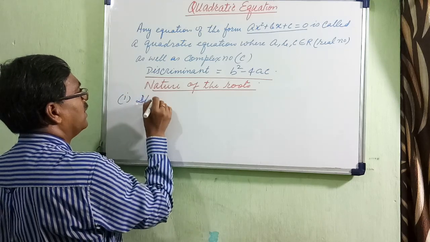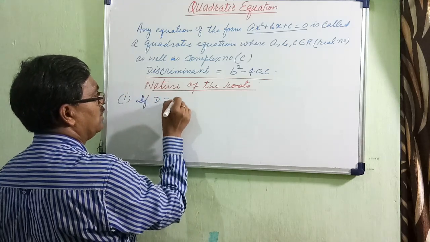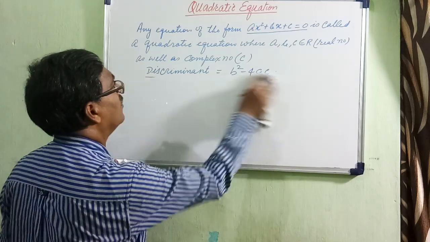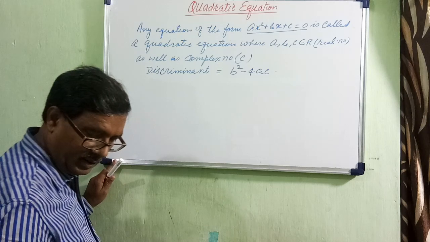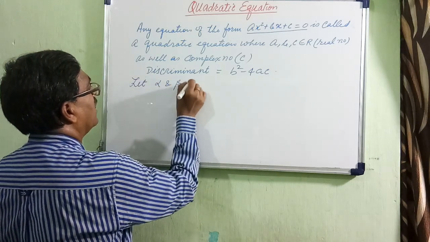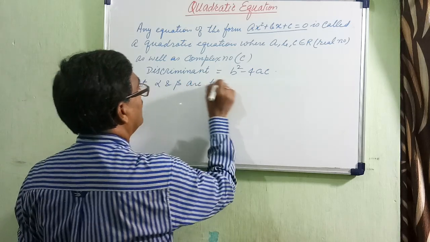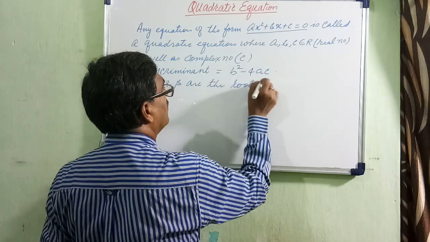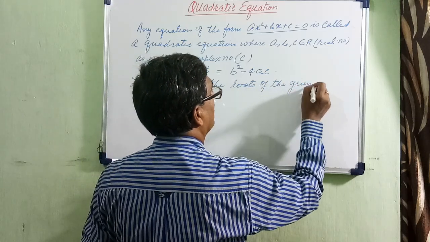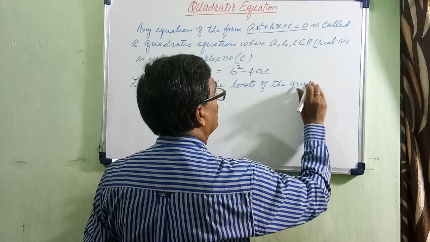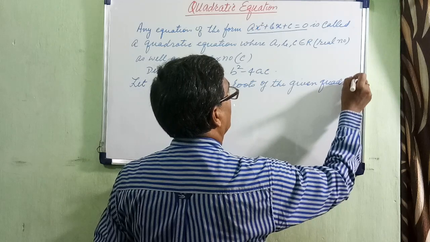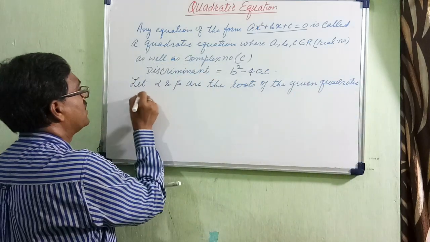Before that, let alpha and beta be the roots of the given quadratic equation.